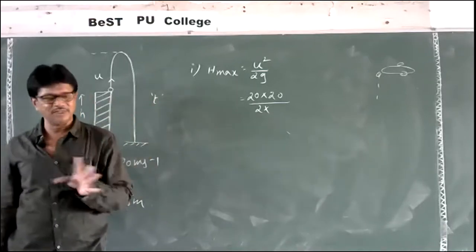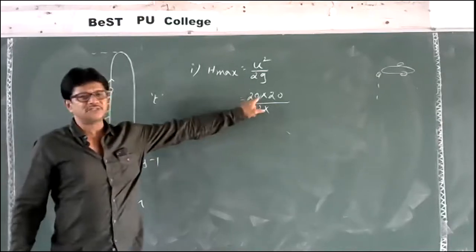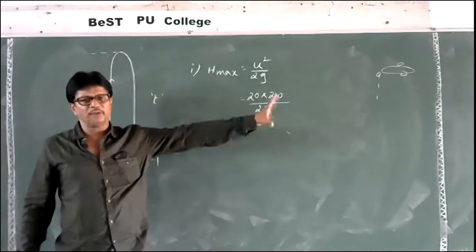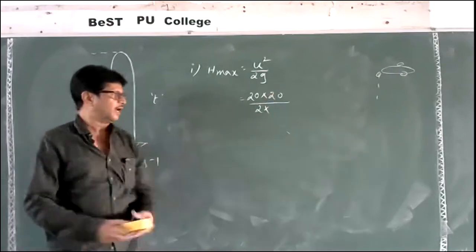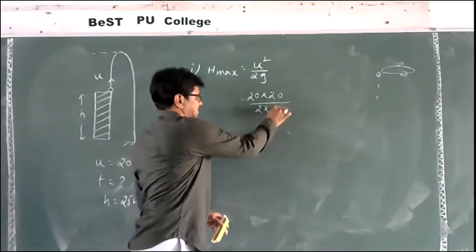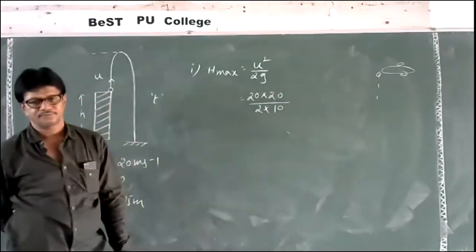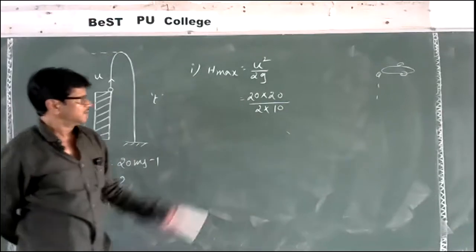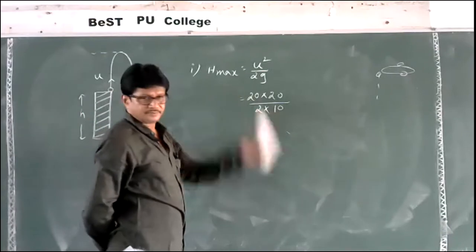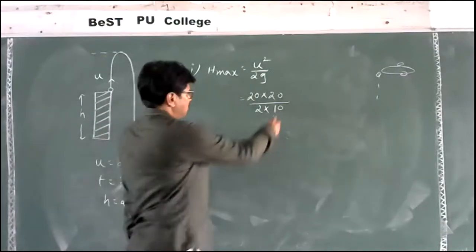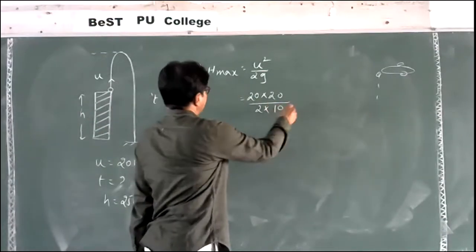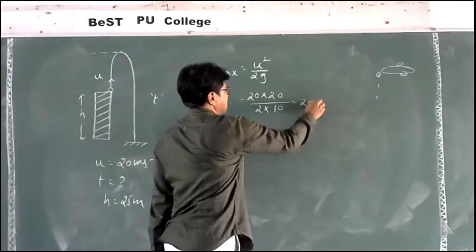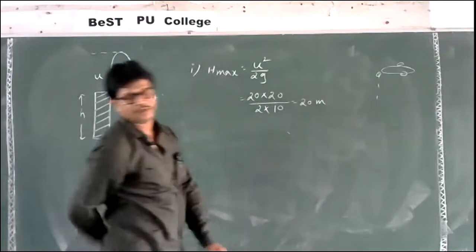But here 20 is divisible by 10. That's why, to make simplification easy, I am taking the G value as 10 here. Then 20, 20 get cancelled. 20 meters will be how high it will raise.